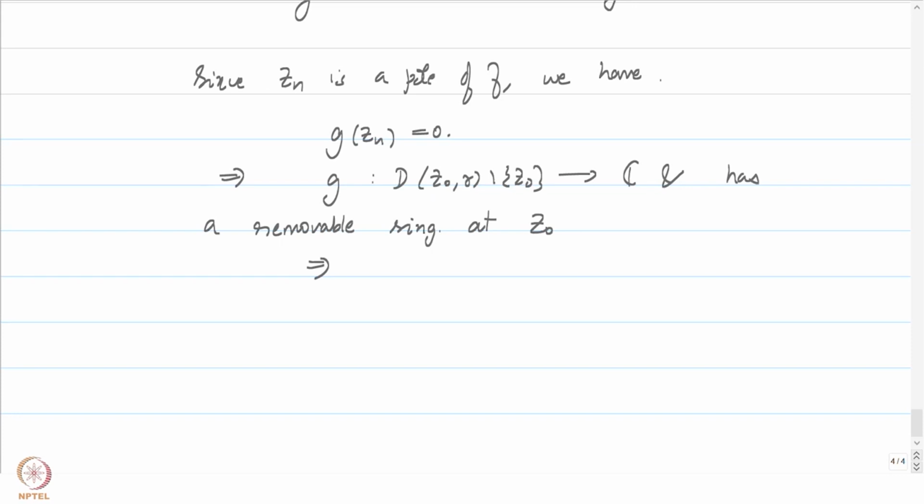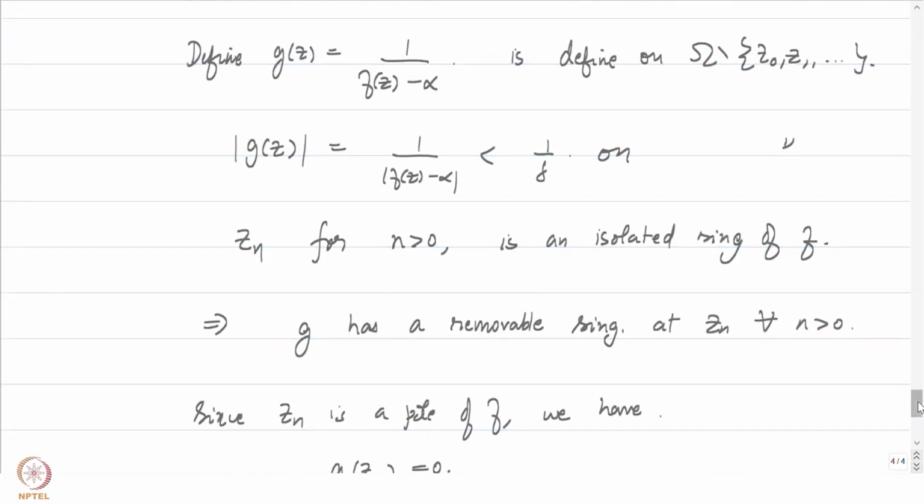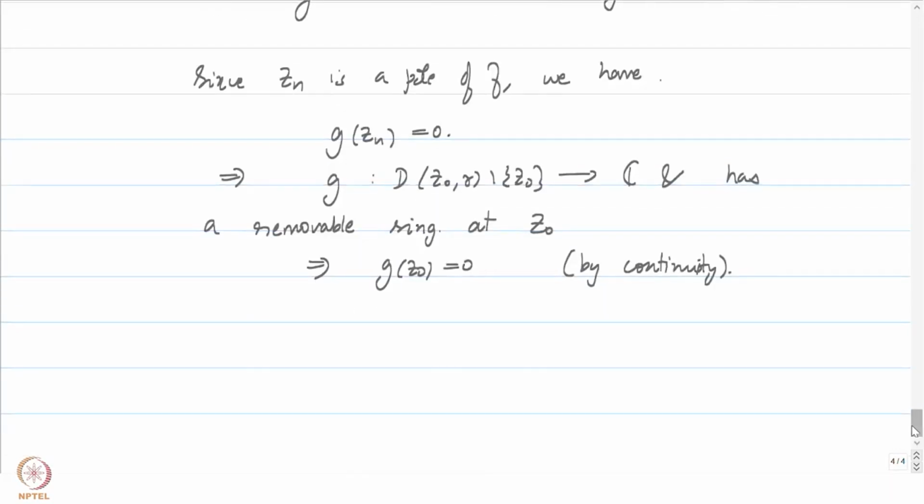We know that each of the zn's is 0, and as zn converges to z0, by continuity g of z0 is equal to 0. But now we are facing a contradiction, namely that we have a function g which is not identically equal to 0 and such that its zero set has a limit point.